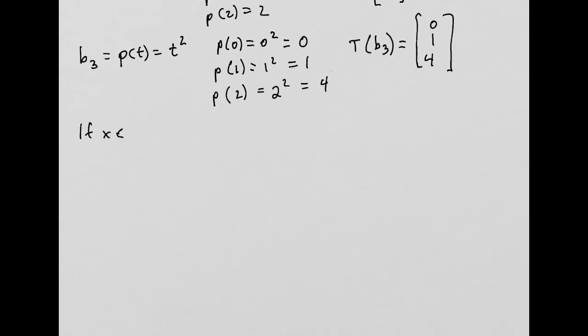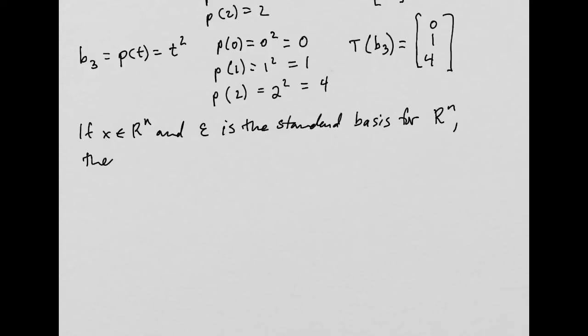If x is a vector in Rn, and E is the standard basis for Rn, then the coordinate vector of x relative to E is just x itself.